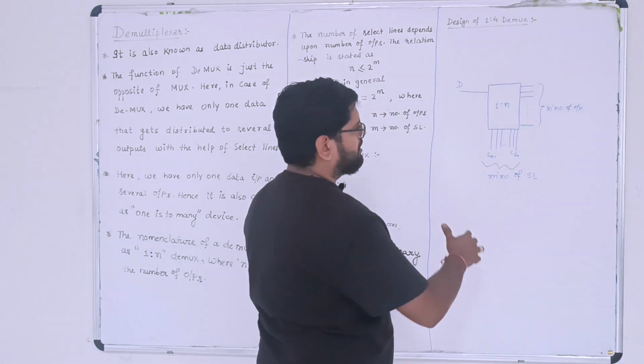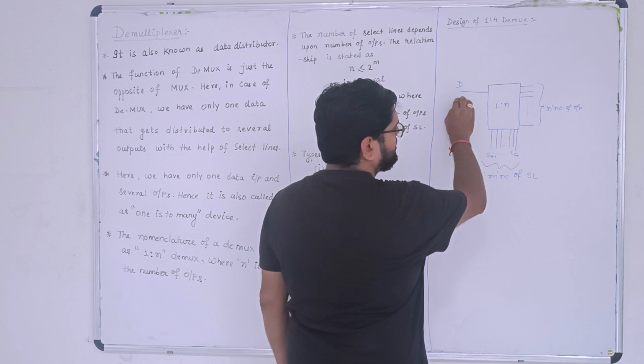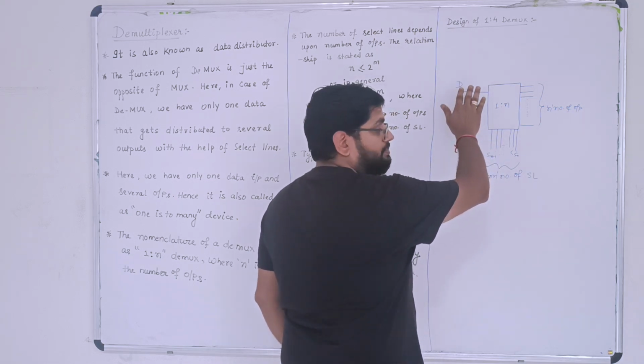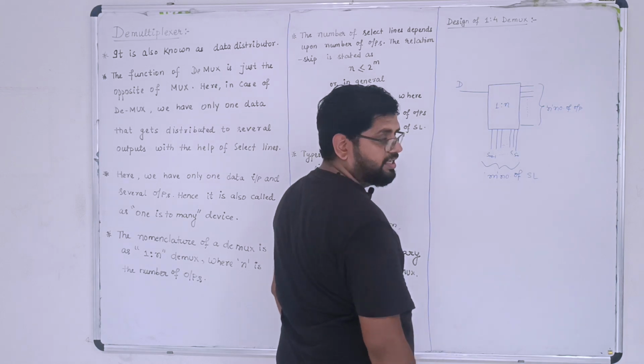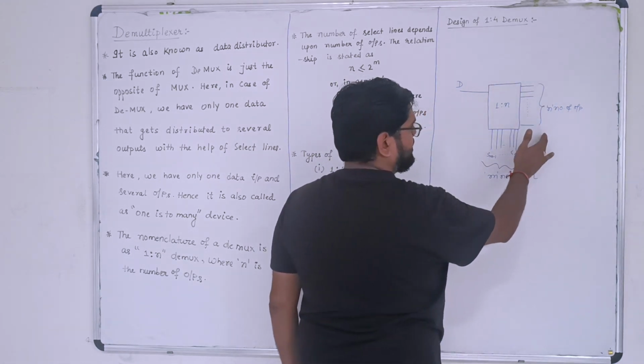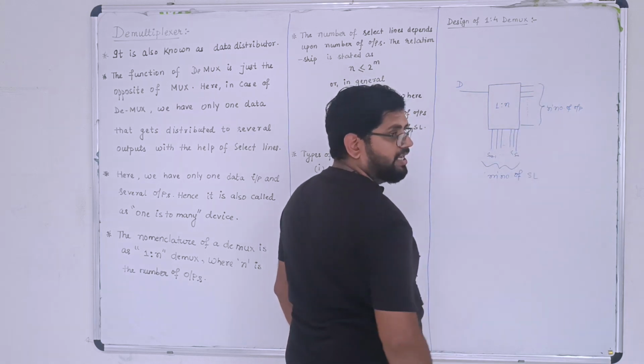I think I was able to make you understand that here we have only one data input, whereas in the multiplexer we had a number of data inputs. In the multiplexer we had only one output, but in the demultiplexer we have many outputs.